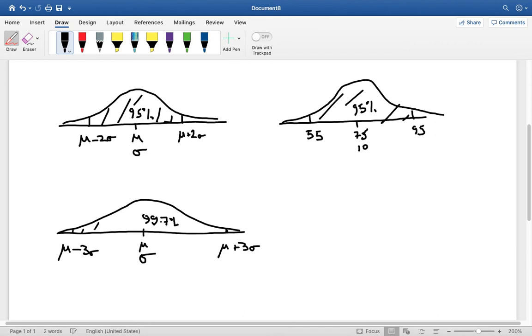I think the PowerPoints actually say, I know they say that's approximately 100%, but 99.7 is closer to the real figure. But 99.7 or 100% is fine.